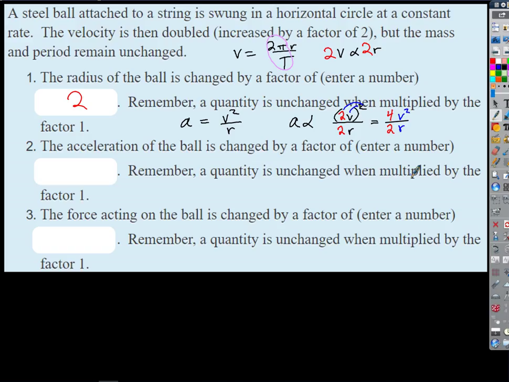What's the net result? 2. It's equal to 2 times v squared over r. In other words, I'm multiplying this side by 2, so I have to multiply that side by 2. See how that works?